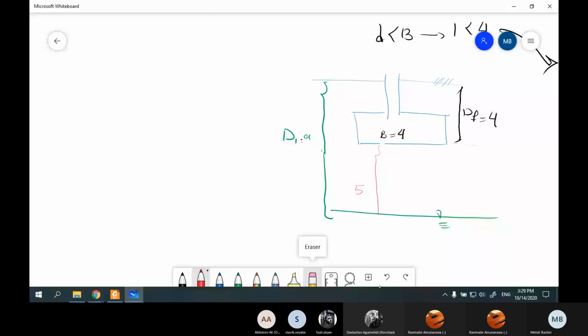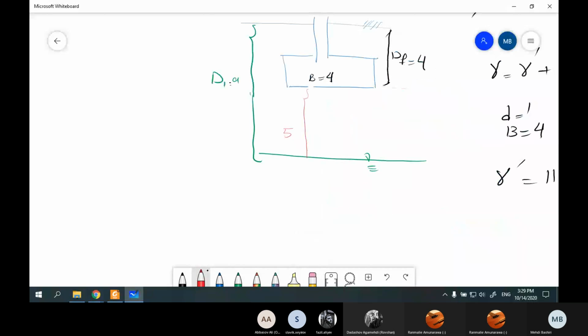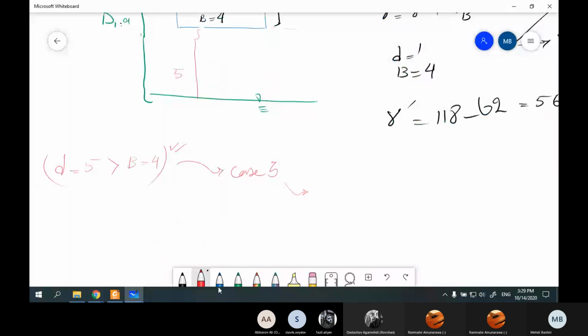So for this case, d is equal to 5, more than B, so case 3. In case 3, we can assume that there is no water. So in this case, we can say that Q is equal to gamma Df, 105.4, and gamma is equal to 105.